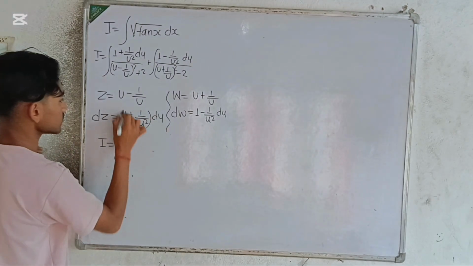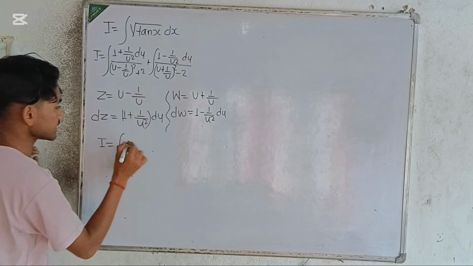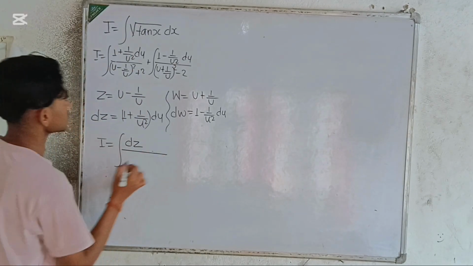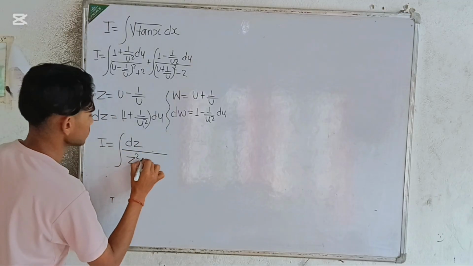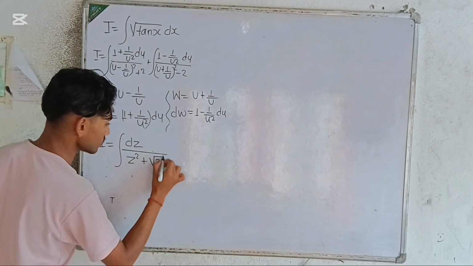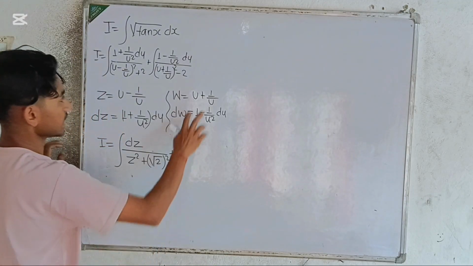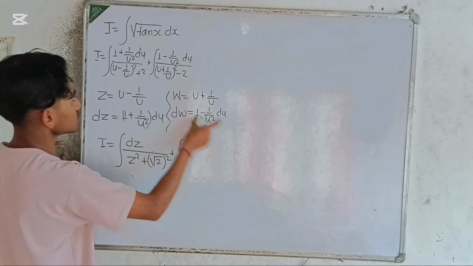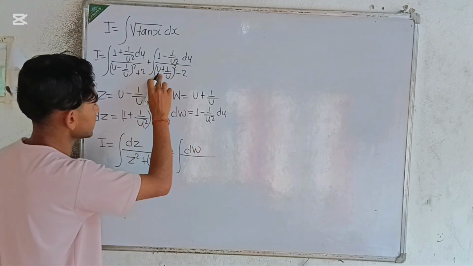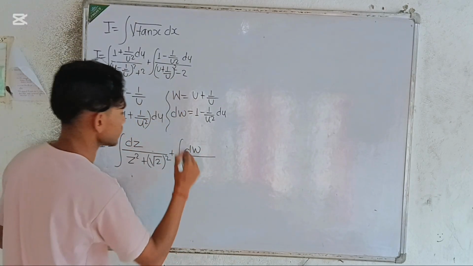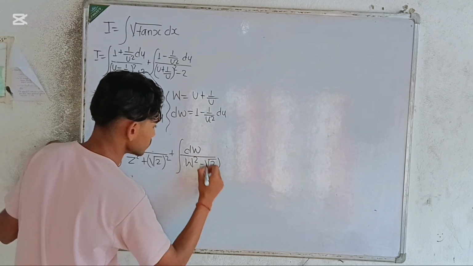So this is same as this, and you can write it as dz over z squared plus square root of 2 squared, plus integral dw divided by w squared minus square root of 2 squared.